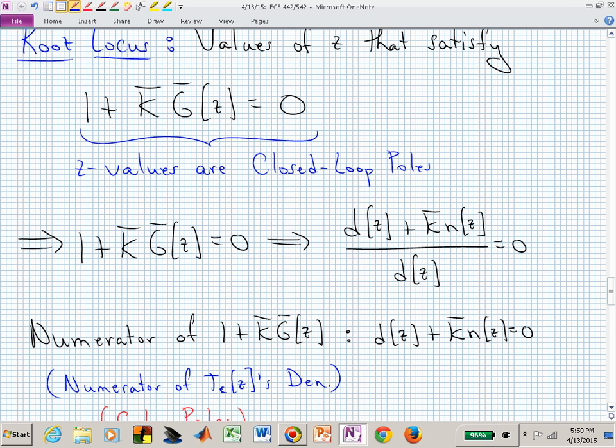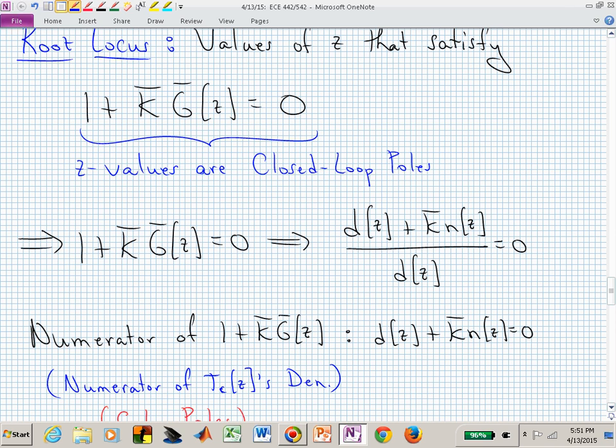So no matter what you start with, I've combined the poles and zeros of your plant and controller into one polynomial numerator n and one polynomial denominator d. When you look at 1 plus k bar g bar, obtaining a common denominator gives you a numerator.